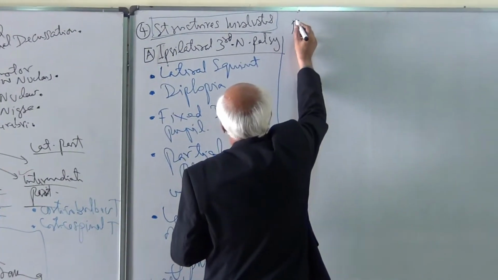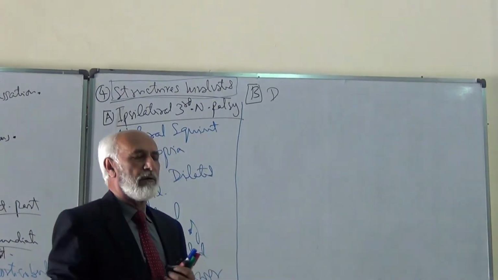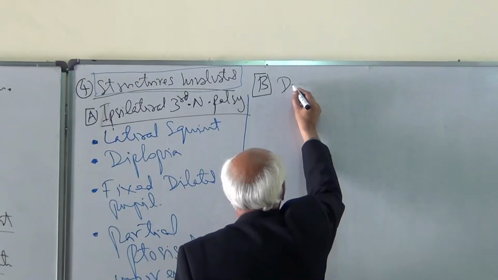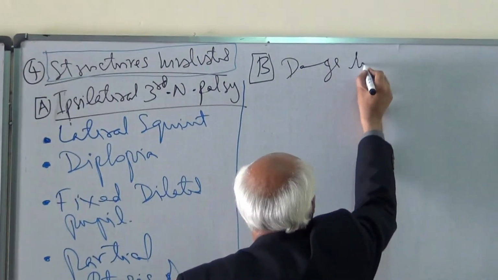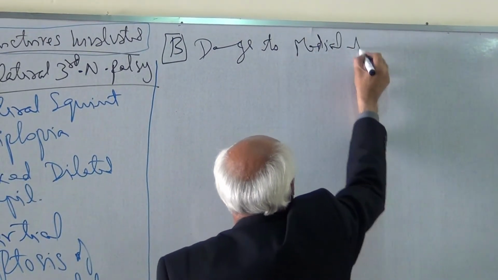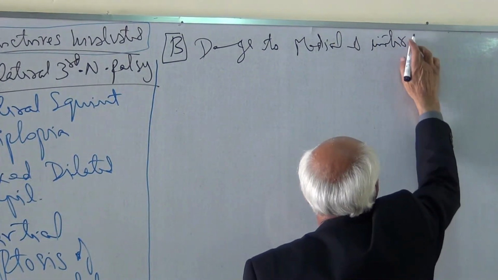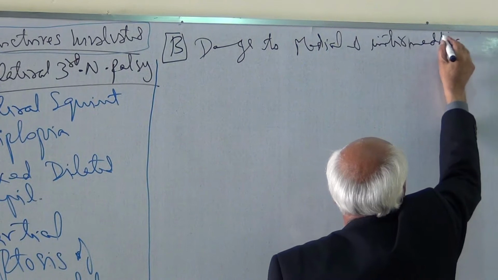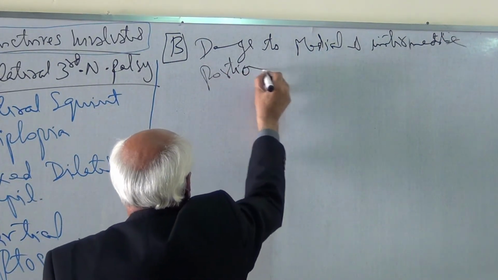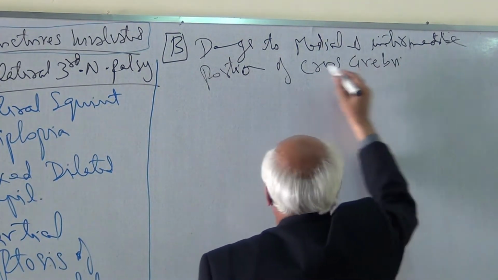This is B. What are the effects of damage to the medial and adjacent part of the intermediate portion of the crus cerebri?